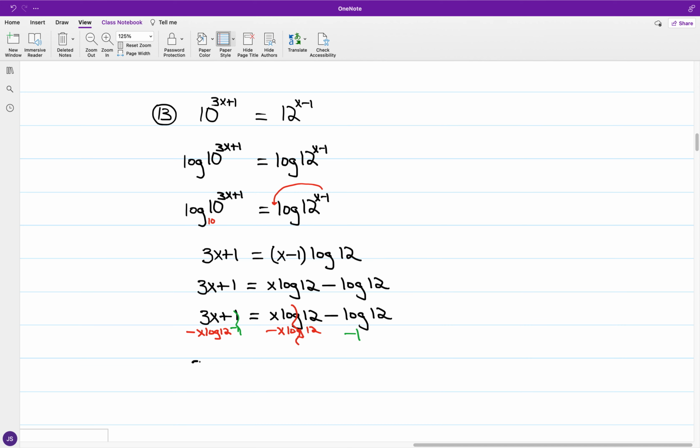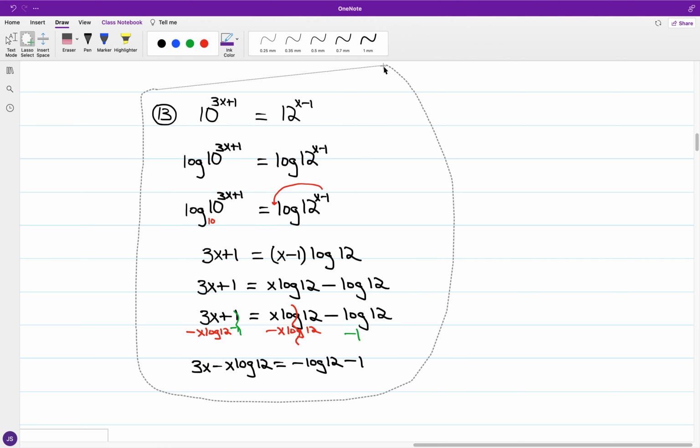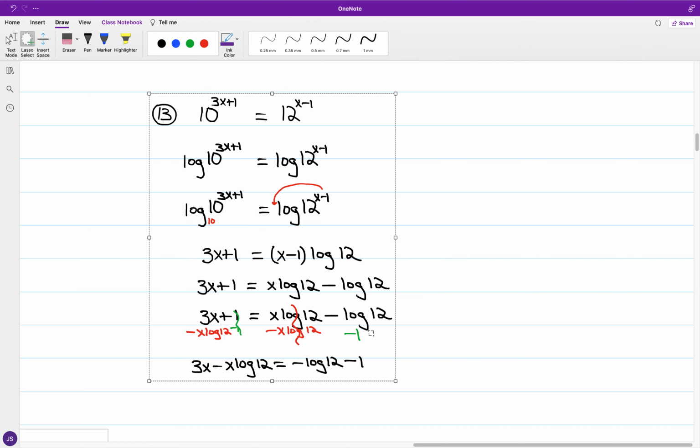So you got 3x minus x times the base 10 logarithm of 12 is equal to the negative of the base 10 logarithm of 12 minus 1. And again, I'm still looking at solving for x. So for the difference of terms on the left, I can factor out x.